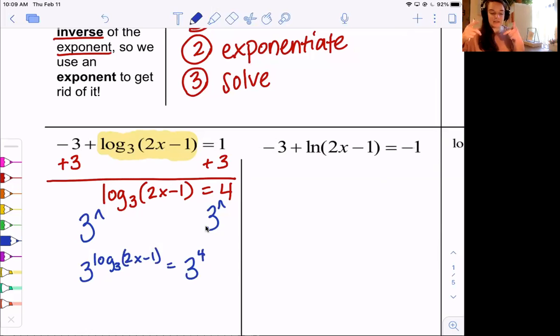This is kind of the opposite of, remember that if the bases are the same, the exponents must be the same, right? They must be equal to each other. The same thing is happening here. We're applying that same logic, right? So my 3 and my log base 3 are going to cancel and leave me with 2x minus 1 equals, quick math, who's got me?